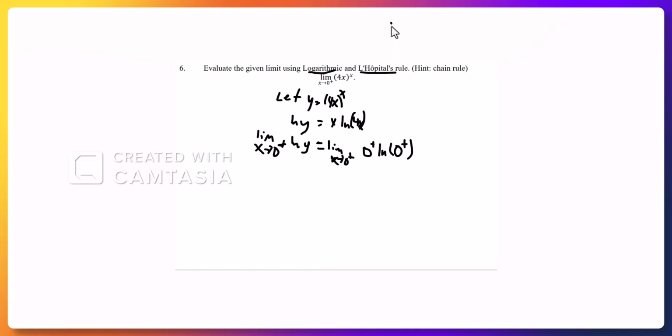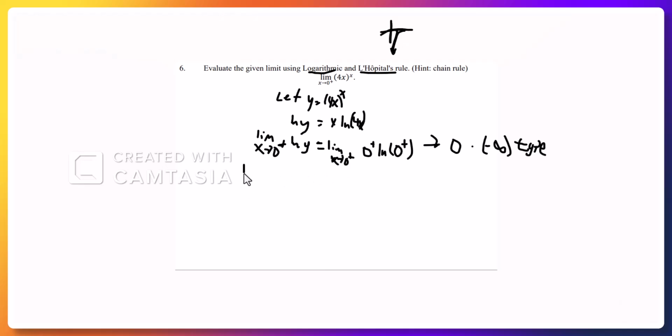And on the ln graph, as it approaches 0, it goes toward the bottom of the x-axis. So that's going to be 0 times negative infinity. You can't have this, so we have to put the indeterminate type in front of it to explain that we're going to have to use L'Hopital's rule.